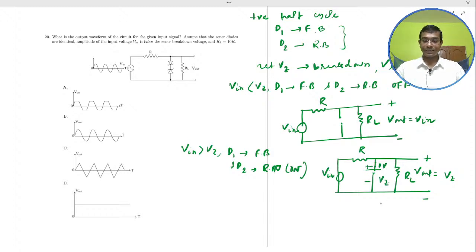The same logic can be applied with negative polarity. That means here D1 is reverse biased and D2 forward biased. So option A would be the same. This is basically the clipping circuit.